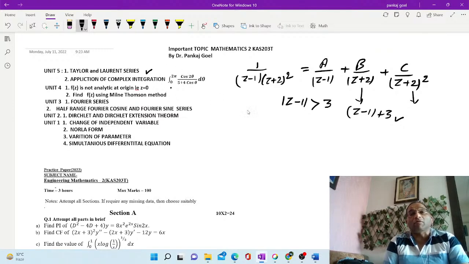The second one is applications of complex integration. In this case, always you will write d theta equal to dz upon iz, right?